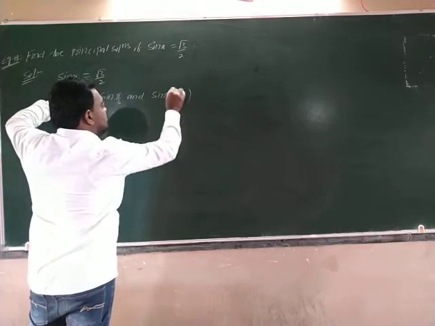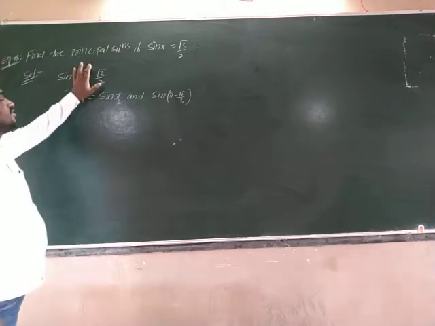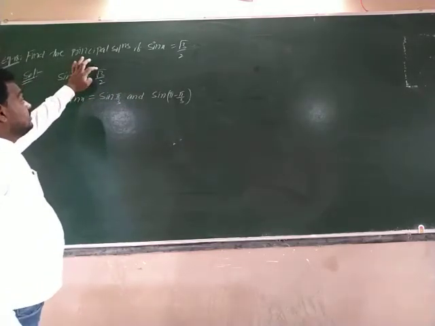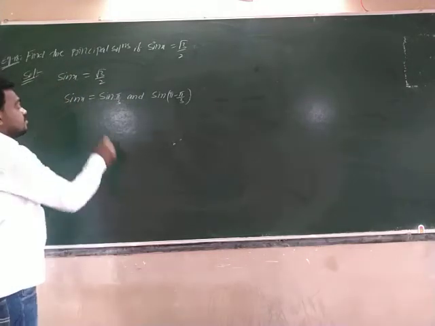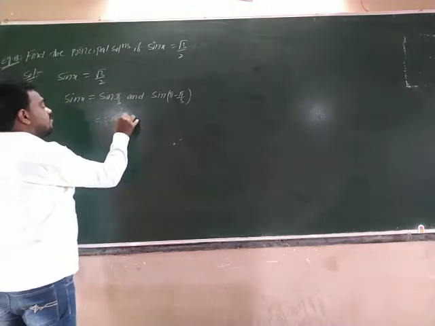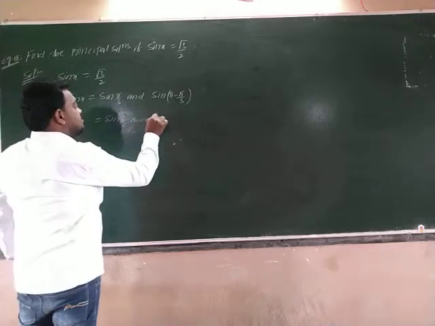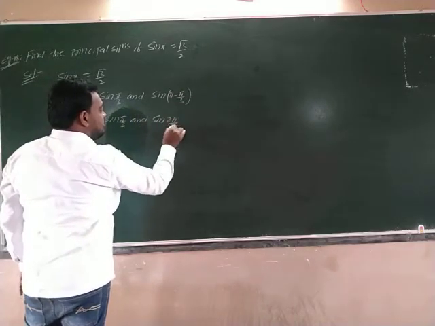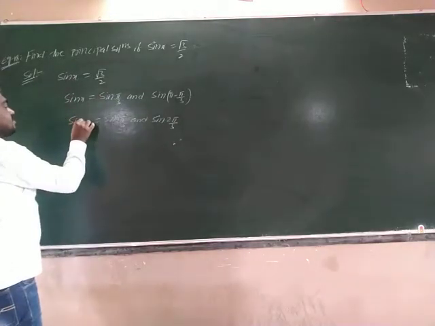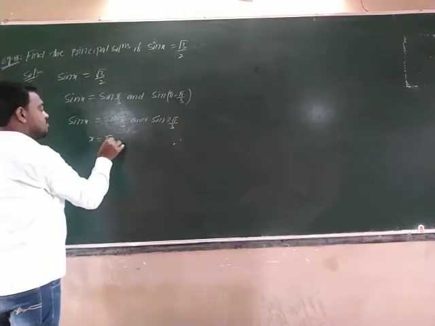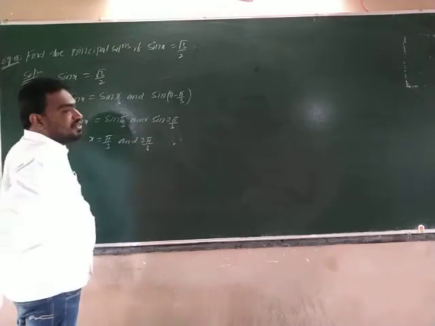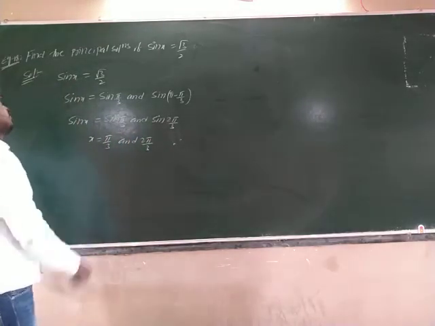That means for these two values, the sin x value is root 3 by 2 only. So this is equal to sin pi by 3 and sin(pi minus pi by 3), which means 2 pi by 3. So x is equal to pi by 3 and 2 pi by 3 are the principal solutions. Like this, they are solved.